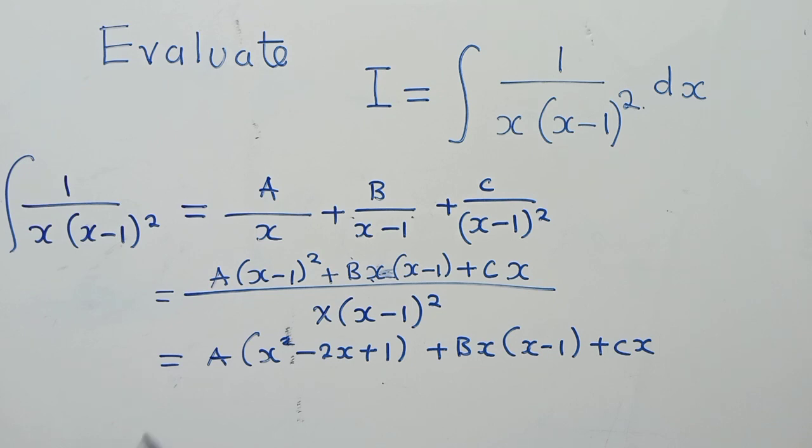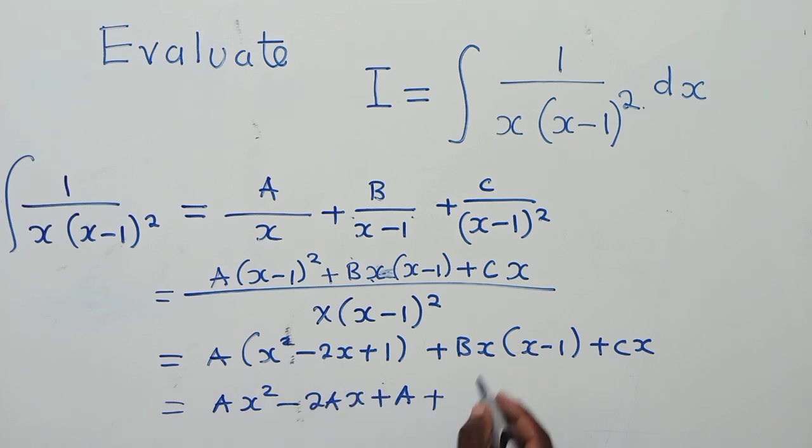We shall have Ax squared minus 2Ax plus A. We just get rid of the brackets. Then plus Bx squared minus Bx plus Cx. Now we're at this point.